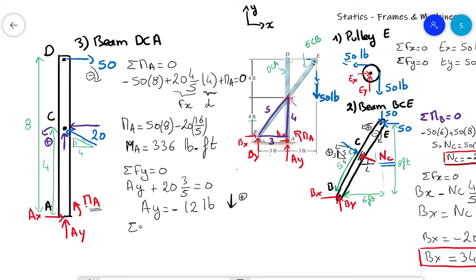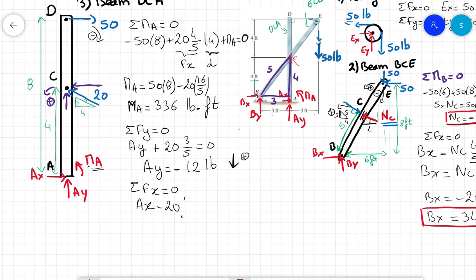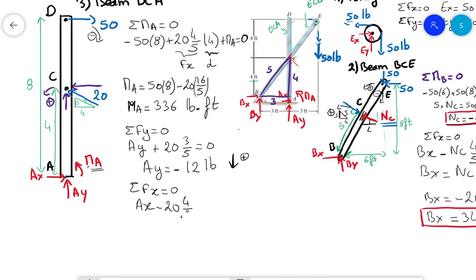And sum of the forces on X is equal to 0. So we have AX to the right minus 20 times the horizontal component, 4 divided by 5, and plus 50, equal to 0.